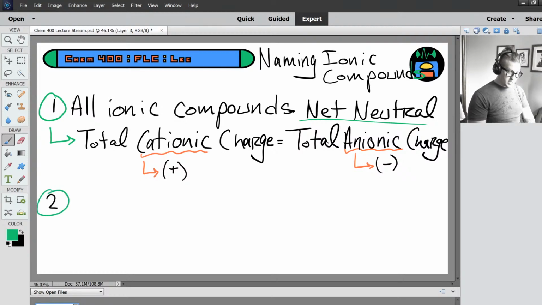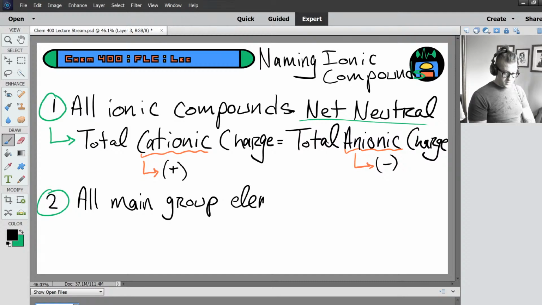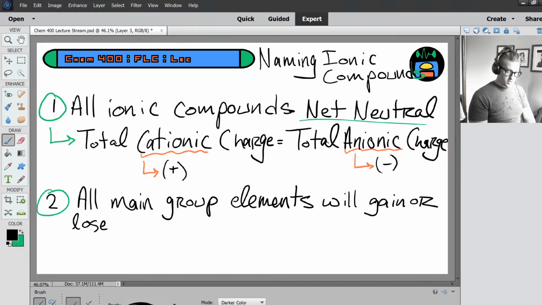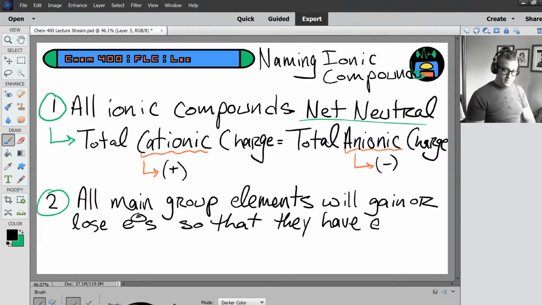All right. The second principle that you will want to keep in mind is this: all main group elements in ionic compounds will gain or lose electrons so that they have the same electron count as their nearest noble gas.